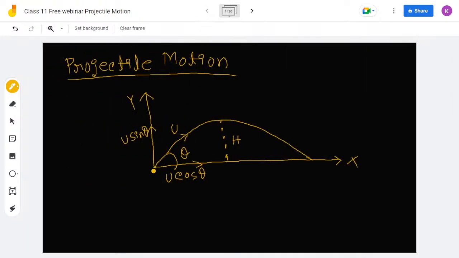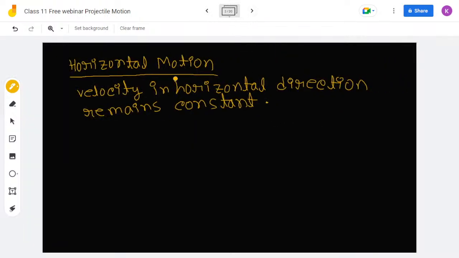If the velocity component in the horizontal direction remains constant, then that means there is no acceleration in the horizontal direction. So we can say that the horizontal component of the acceleration, which is denoted by a suffix x, is 0.